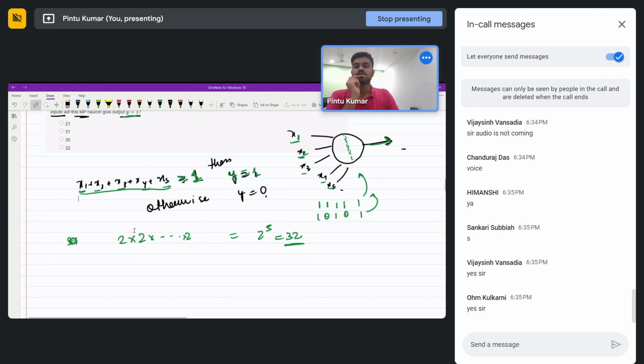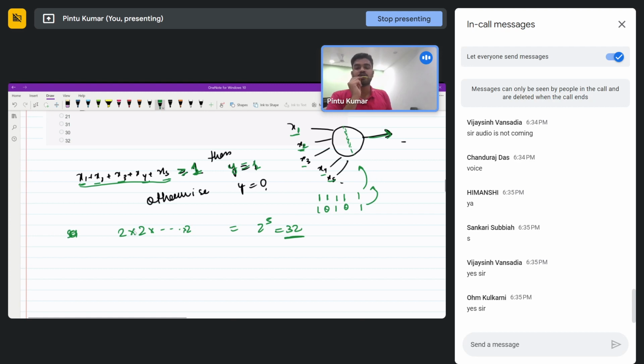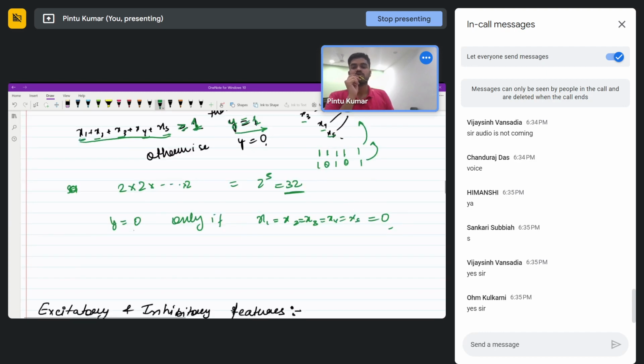So the only case when y is equal to 0 is only if all my x1, x2, x3, x4, x5 are 0. Only in this situation, this sum will be strictly less than 1. So for all other situations, my y will be 1. So we will subtract one choice where y is equal to 0, so we have 31 inputs for which y is equal to 1.